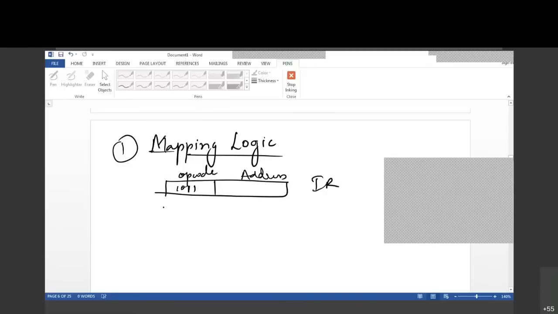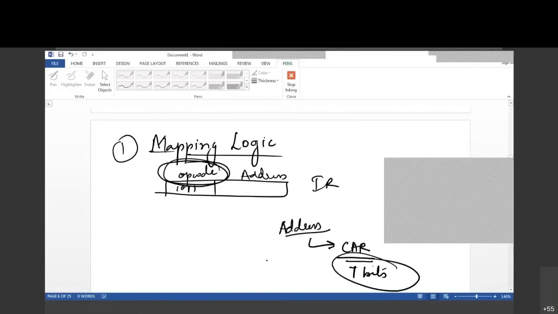Now, some kind of mapping logic algorithm is applied over here to convert this particular opcode to a particular address which can be stored in our CAR. Now, the size of CAR is 7 bits. We'll see, मैं अभी next topic वही ले रही हूँ. This control memory, we'll see the diagram, but this control address register is of 7 bits, right? So now some kind of mapping logic is applied over here, okay?